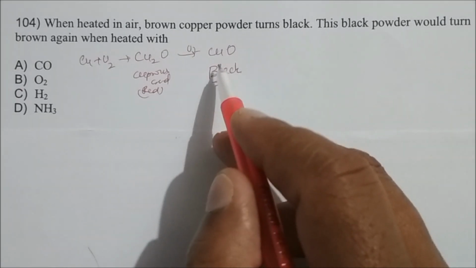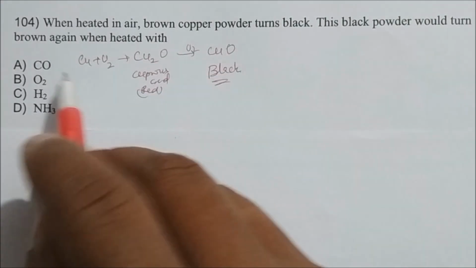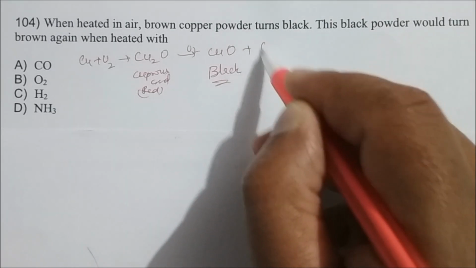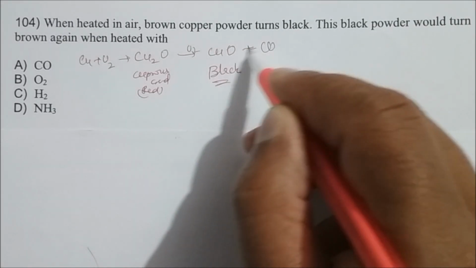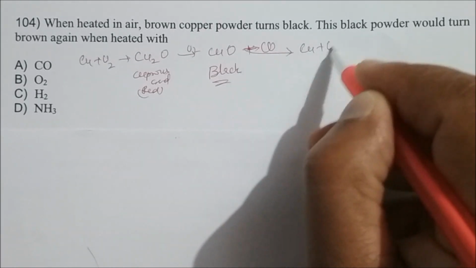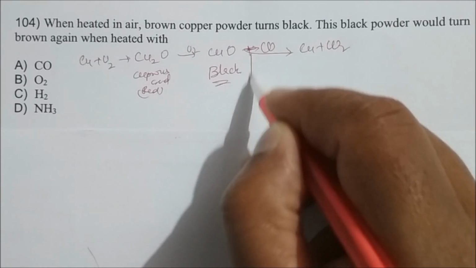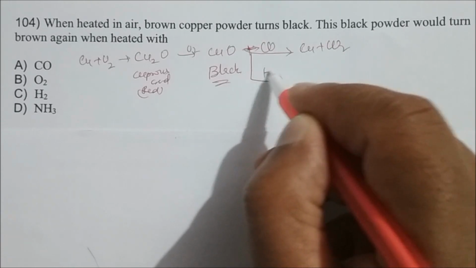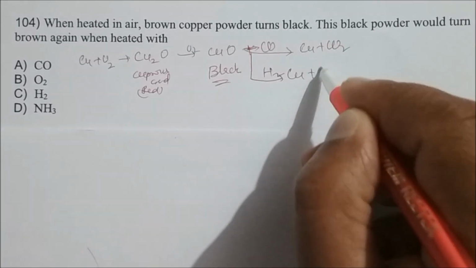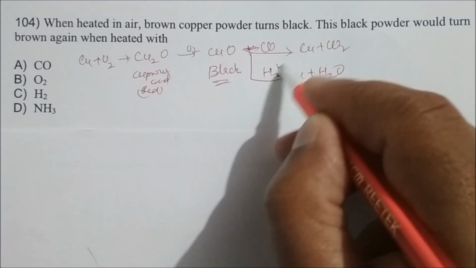Cupric oxide, when you heat it again, we have three options. If you heat with carbon monoxide, you will get copper plus carbon dioxide. If you heat with hydrogen, you will get copper plus H2O. This is also possible.